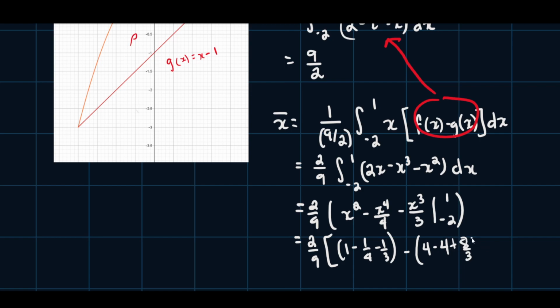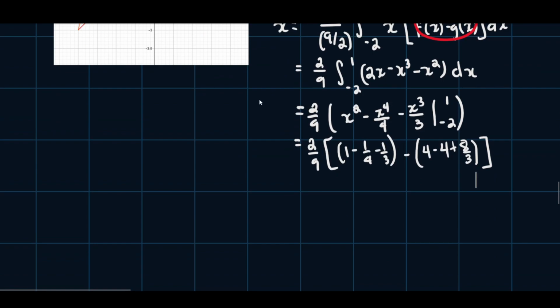So, plus 8 over 3. I simplify. We have 2 over 9 times 1 minus 1/4, 3/4 minus 1/3.